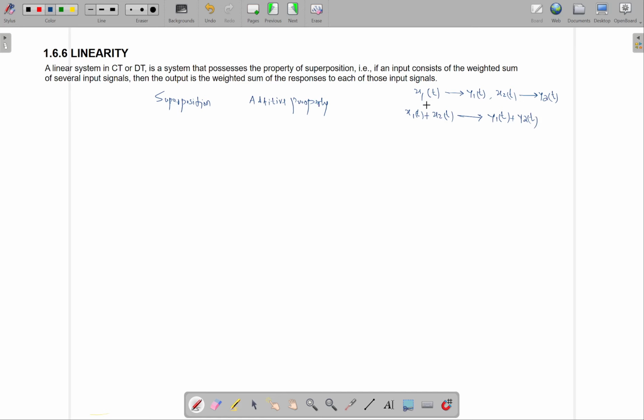So this is the additive property, which means the individual inputs, if we add them together, then the output is simply the addition of the responses of those individual inputs.